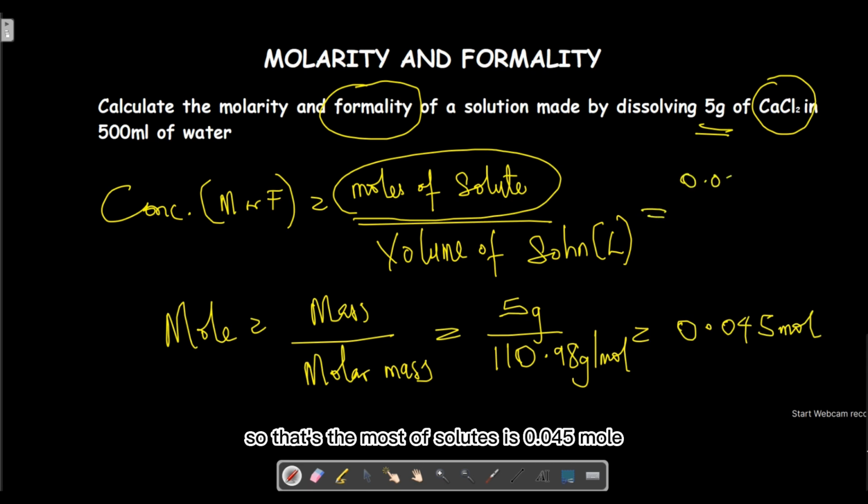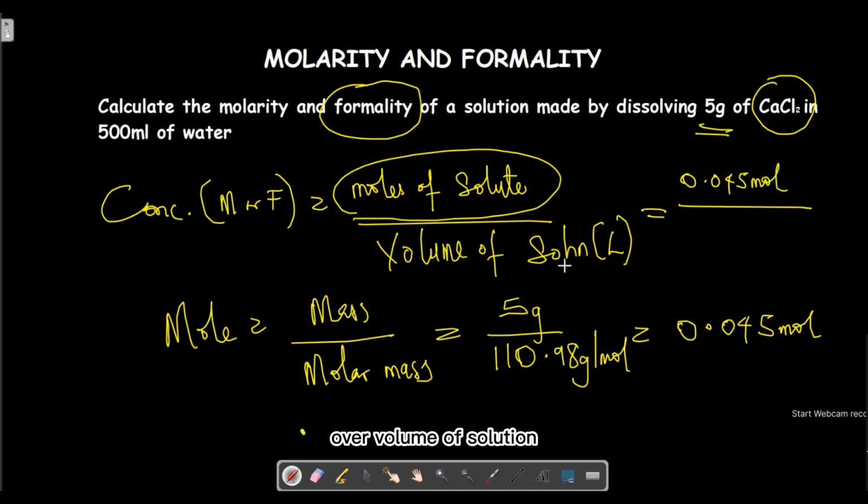It is 0.045 mole over the volume of solution. The volume of solution is 500 ml. But take note, our volume must be in liters, so we convert 500 ml to liters by dividing by 1000. If you do that, you have 0.5 liter.